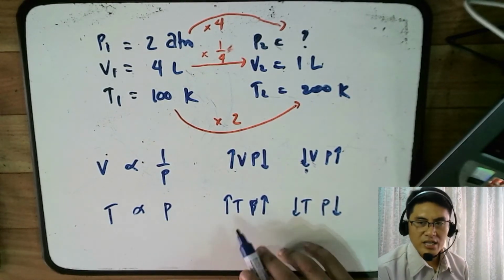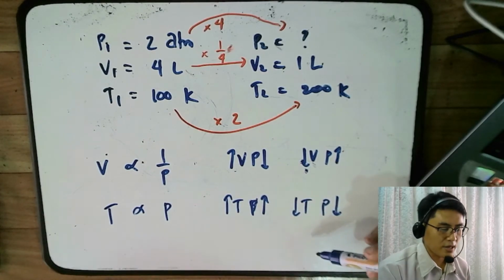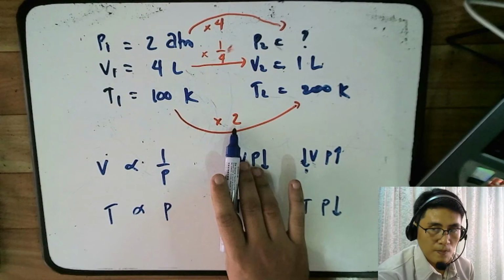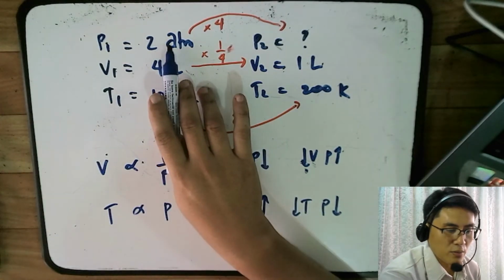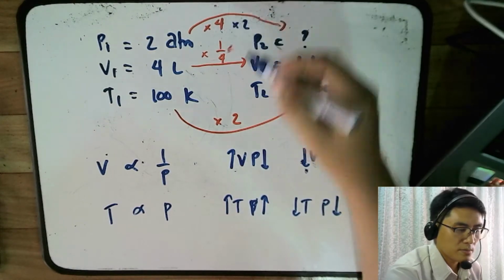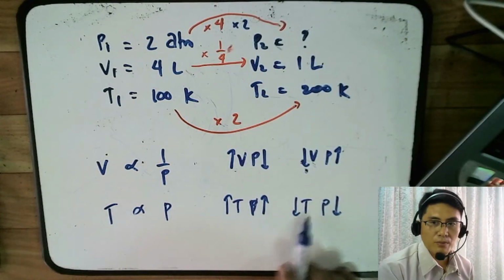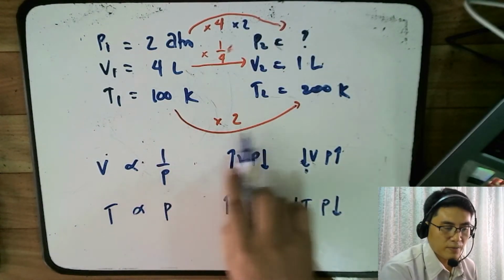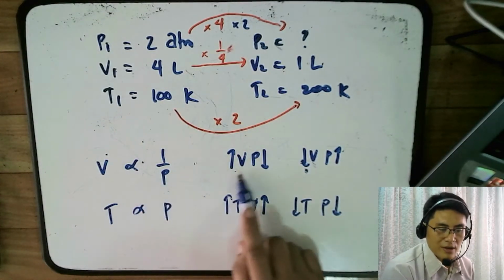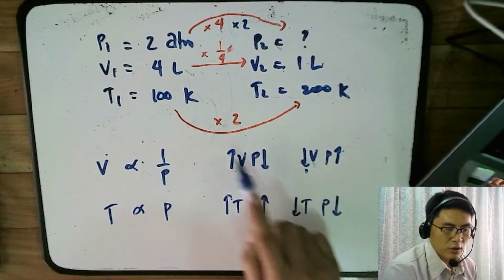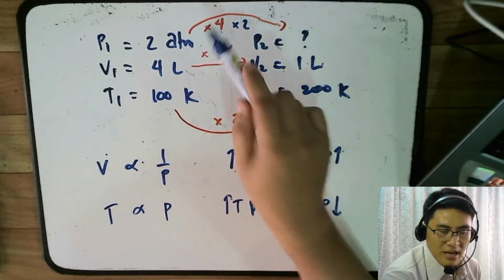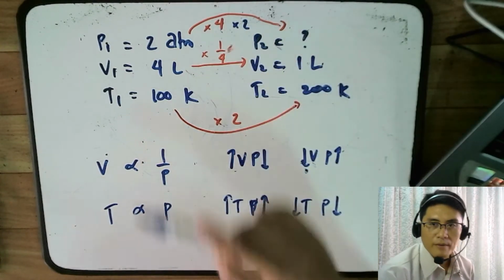They increase by the same scale, they decrease with the same scale. So the fact that you multiply the temperature by 2 means the pressure will also be multiplied by 2, because they have the same direct proportionality. Volume is different because they have inverse proportionality. So if volume is multiplied by 1/4, the pressure is multiplied by the inverse of 1/4, which is 4/1.